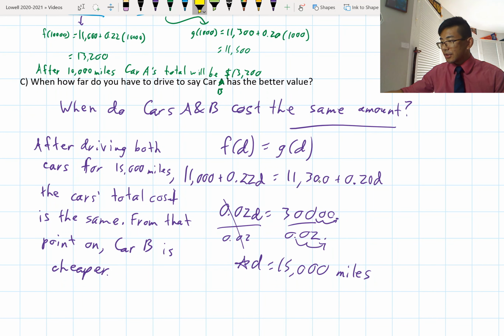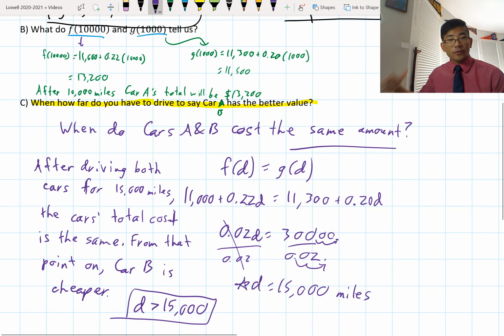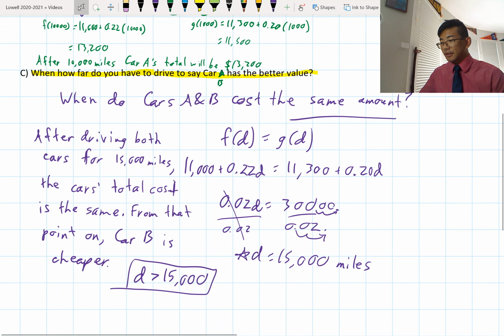Again, we're answering the question: how far do you have to drive it? Well, at 15,000 miles it costs the exact same. So for B to actually be cheaper, the distance driven has to be more than 15,000 miles. So hopefully this made some amount of sense, and you can see how we can use systems and also function notation to make our lives a little bit easier.